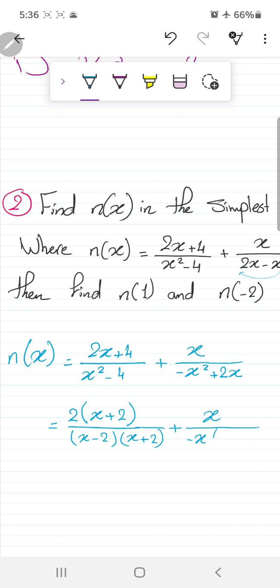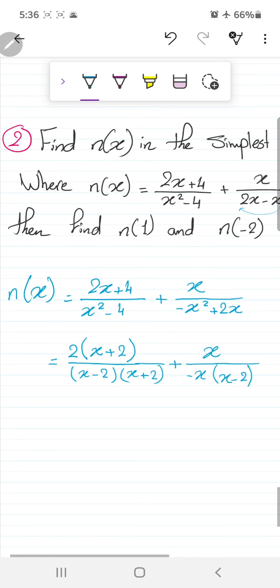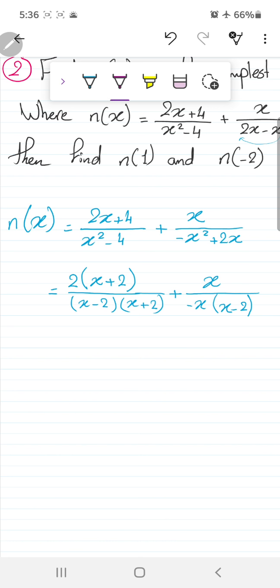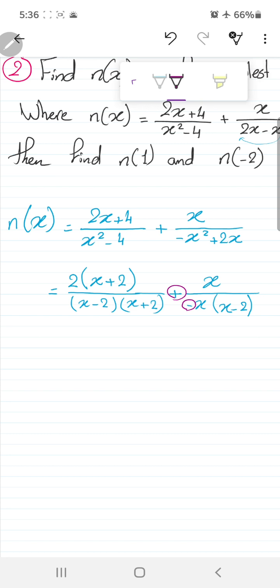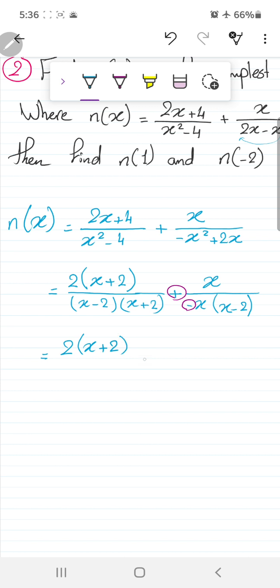Negative x power 2 divided by negative x, it will be x. 2x divided by negative x, it will be negative 2. Okay? So here we have negative and positive. Positive times negative, it will be negative. So n of x here will be 2 times x plus 2 over x minus 2 times x plus 2, minus x over x times x minus 2.